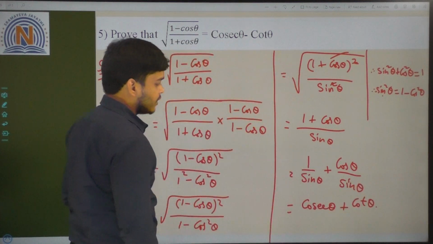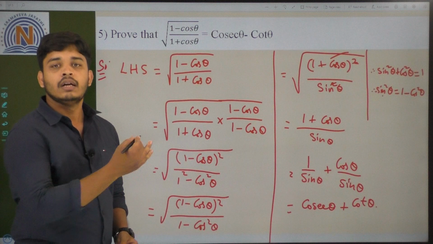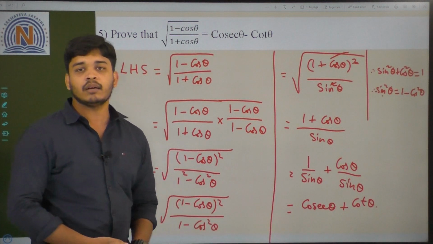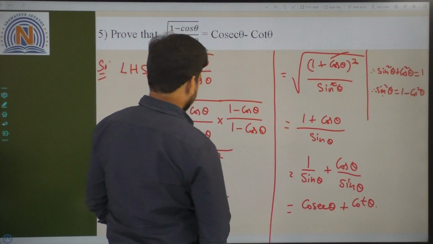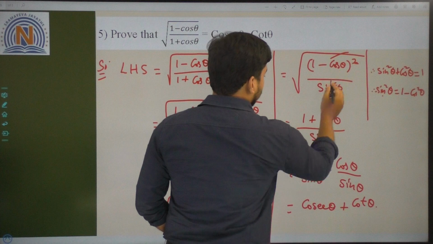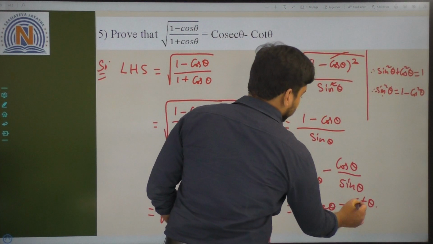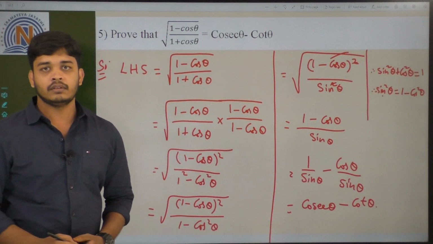So we took root over 1 minus cos theta by 1 plus cos theta and proved it is cosecant theta minus cot theta. Thank you students.